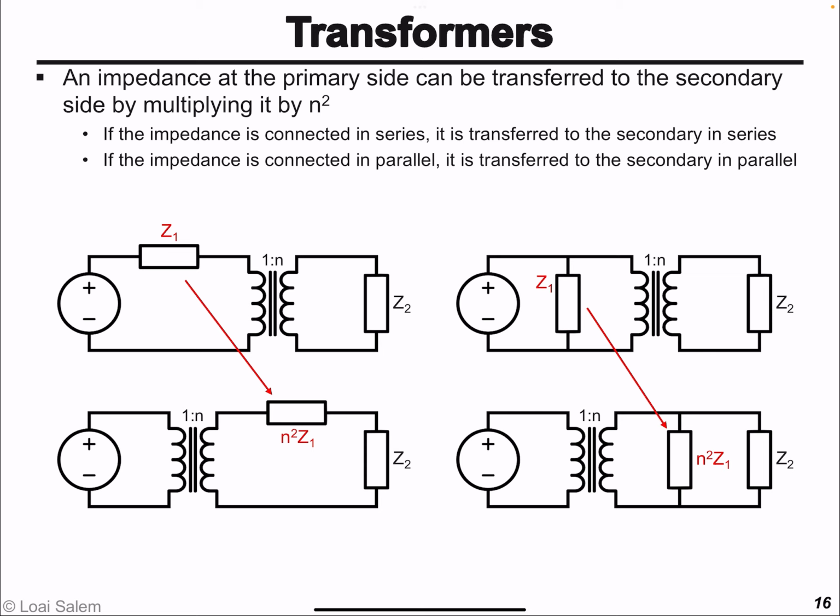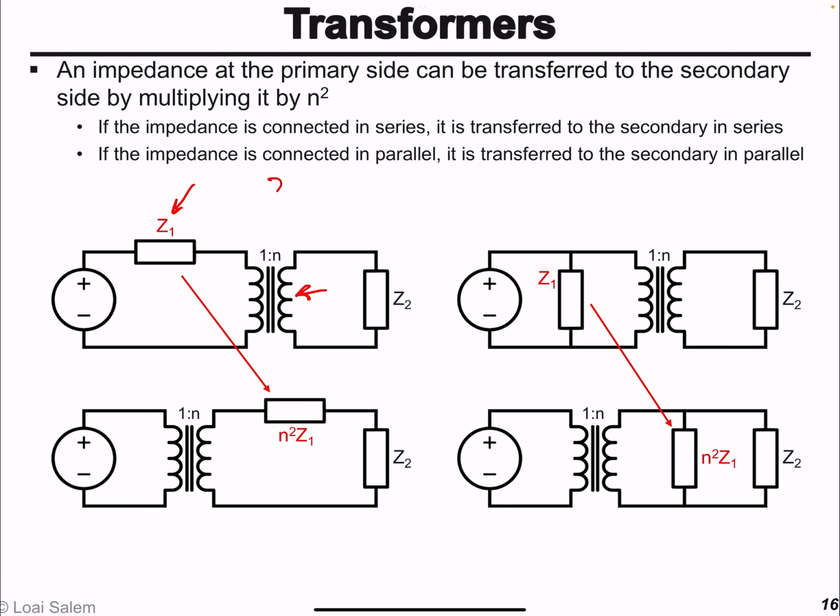Similarly, if we have an impedance on the primary side and want to find its equivalent impedance as seen via the secondary side, as we know, Z2 over Z1 is equal to N squared. So all we need to do is multiply Z1 by N squared and move it to the secondary side.